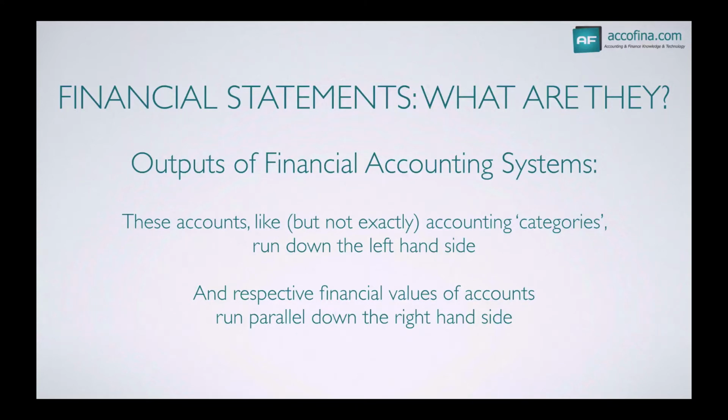So you've got the accounts, the categories on the left-hand side, and their respective values down the right-hand side. Now later on, we'll come to some specific examples. If you want to jump ahead now and download example financial statements that have been attached, go ahead. Nothing's stopping you.